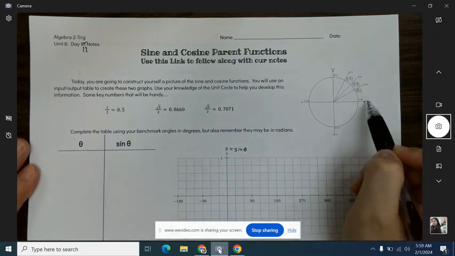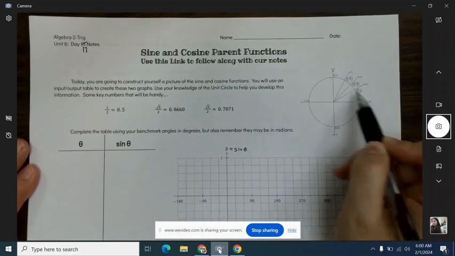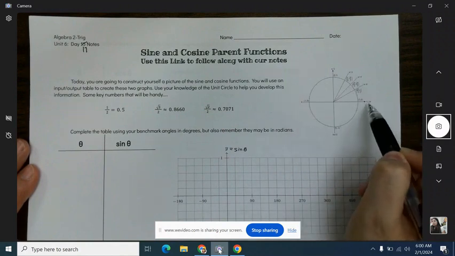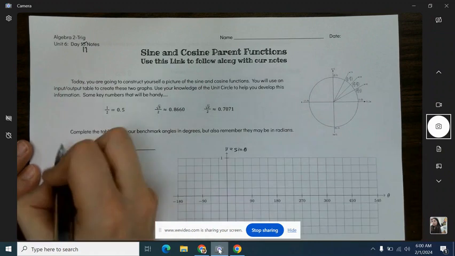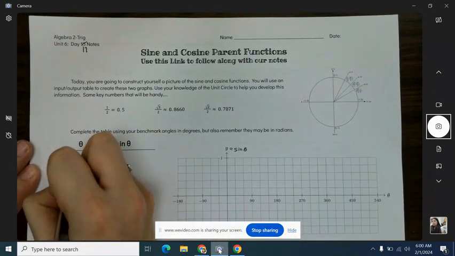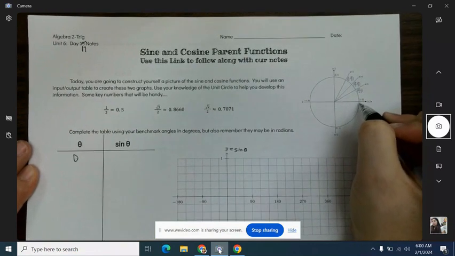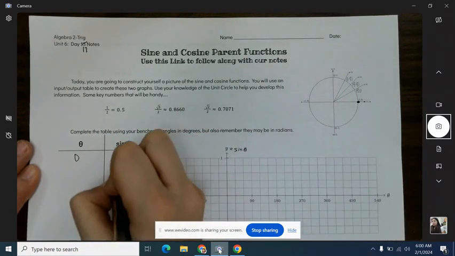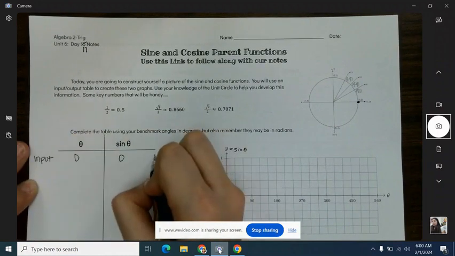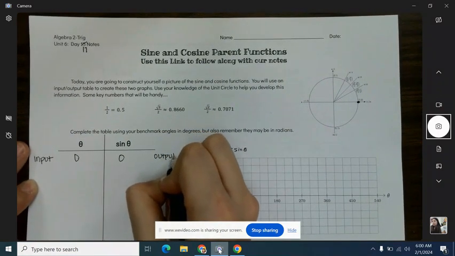So if we think about working our way around the unit circle, let's talk about some benchmark angles. So here at 0, and we're going to start off with sine first, the y value is 0. So remember, here are our inputs, here are our outputs, right?